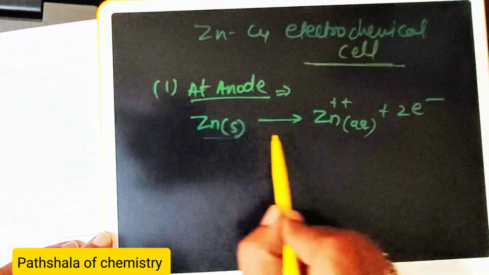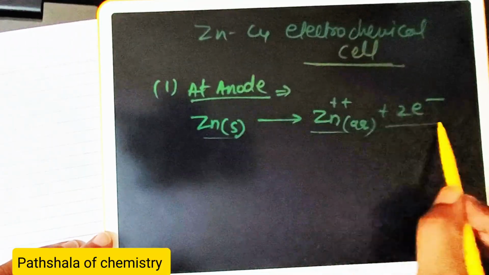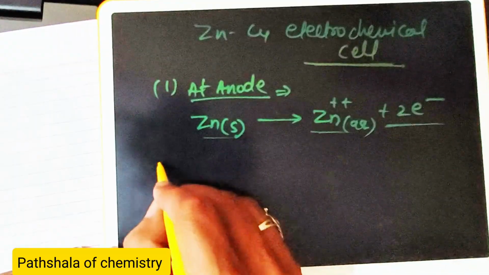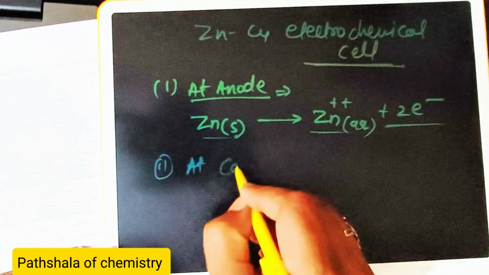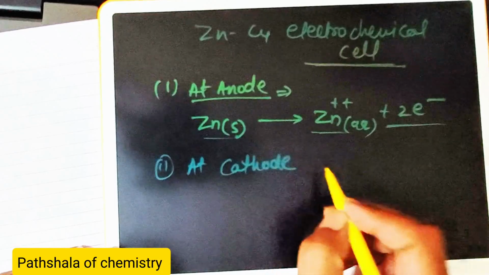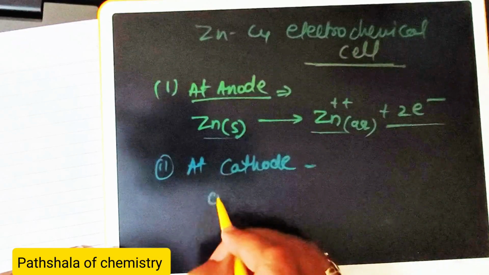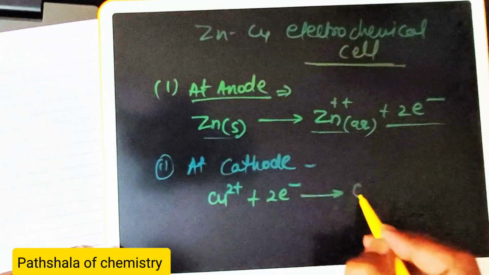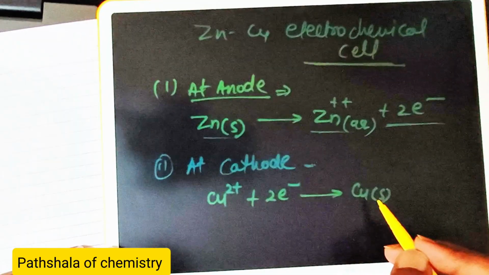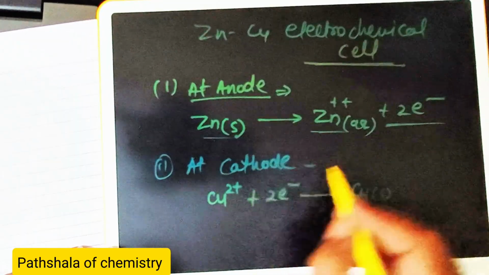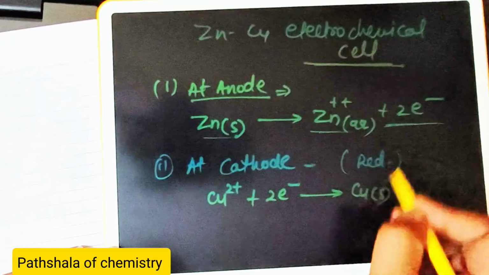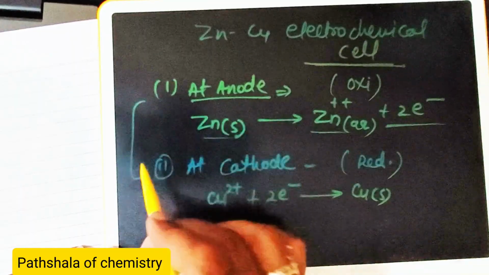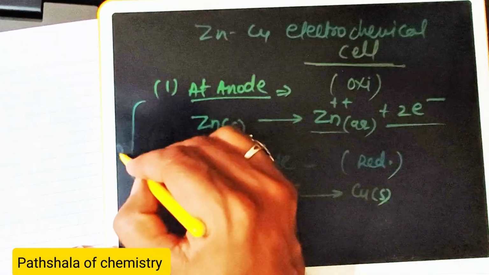As you know, electron loss at the anode is called oxidation. Second, at the cathode. What is happening at the cathode? At the cathode, copper 2 plus ion, after gaining 2 electrons, converts into solid copper. This is called reduction and this is called oxidation. So commonly it is called a redox reaction.